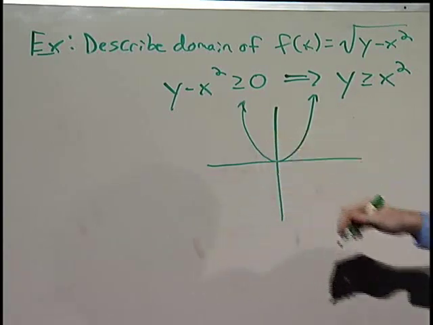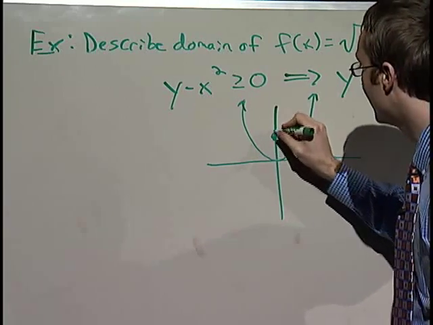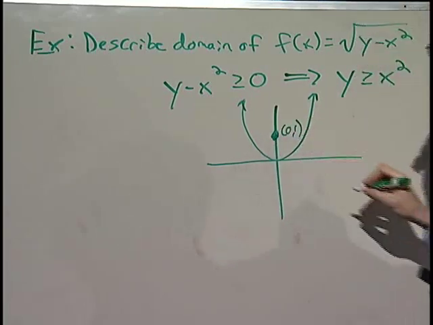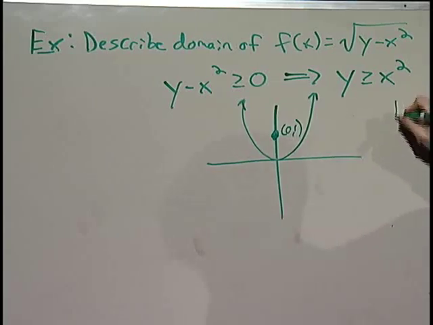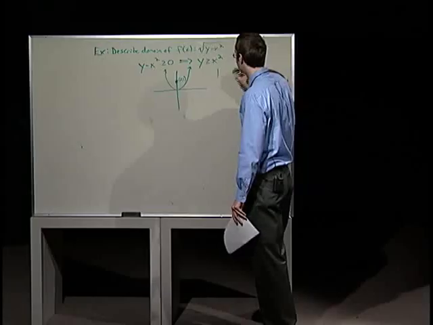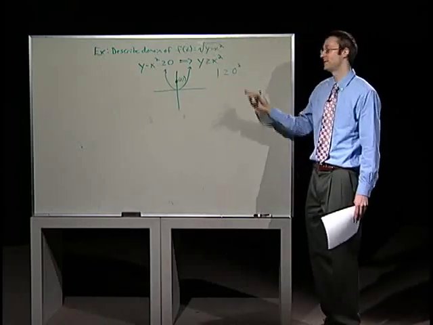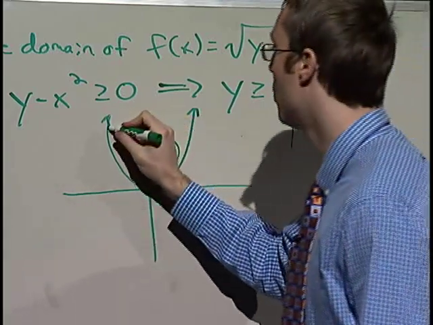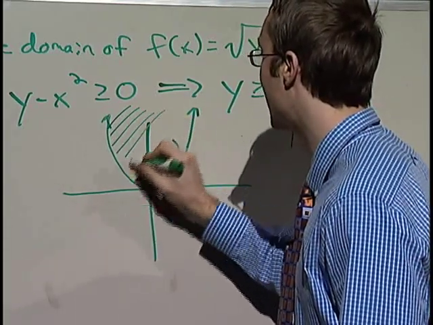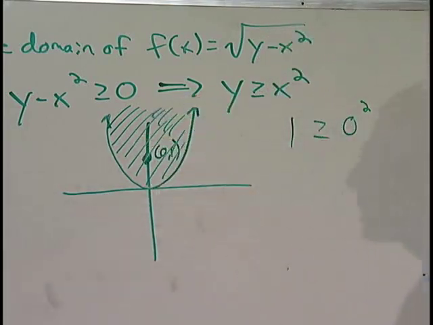All right? And then do we shade outside or inside? Well, pick a test point. So pick a test point, say that point right there. That's 0, 1. You put that into this inequality here, 1 is greater than or equal to 0 squared. The inequality is satisfied, right? So the test point works. Therefore, what you want is everything inside the parabola and also the parabola itself.